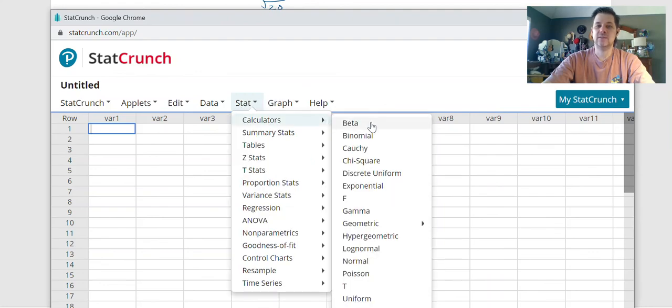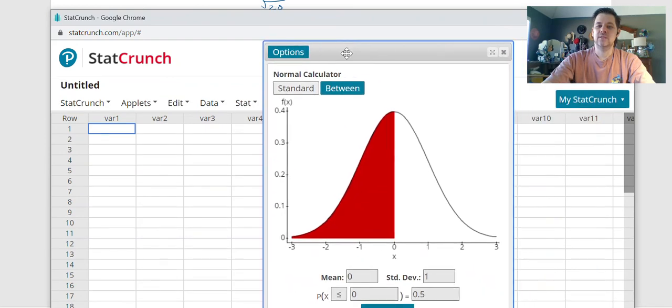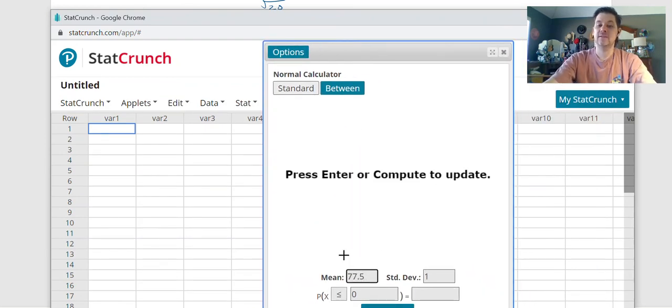So let's do calculators, and then we go to normal. I'm dealing with the normal distribution, 77.5 feet for the mean, standard deviation 1.62. And I want to know the probability that the number I get is going to be less than 76.